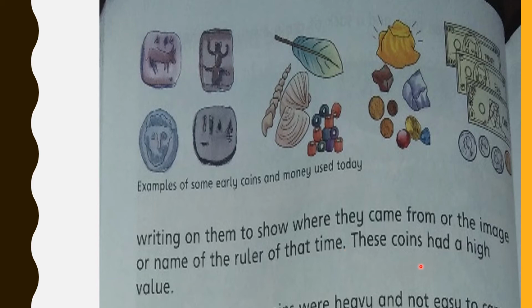These coins had a high value, as here you can see, this is the picture from your book. Here you can see some examples of early coins and money. So these are the old coins that had been used by the people of that time, and they have the image or the name of the ruler of that time, and these coins had high value, right?